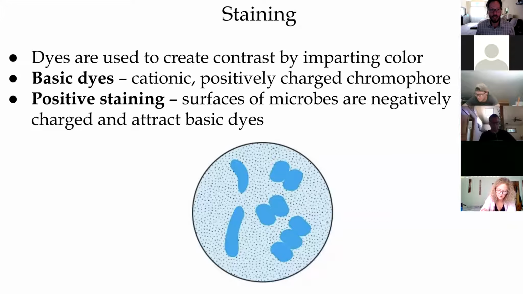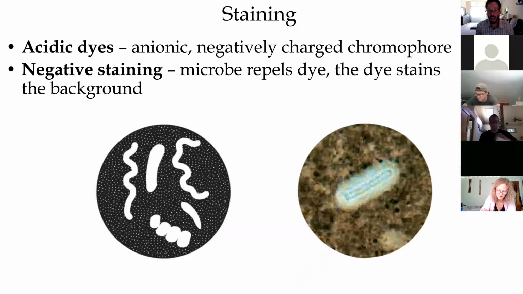We then said that there were acidic negative stains, which hopefully this image here looks familiar because you just recently saw it. That would be a negative stain. So it stains the background, but the microbes repel that chromophore or a chromogen. And so it's white on a dark background.